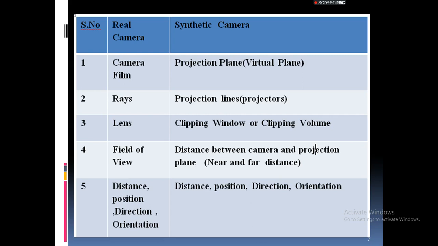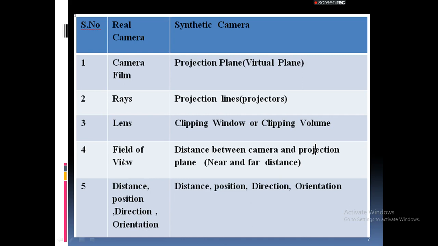Means when you want to capture the three-dimensional object, then we need clipping volume in case of synthetic camera. But in case of real camera, lens decides what is the maximum area of that particular object that has been captured.